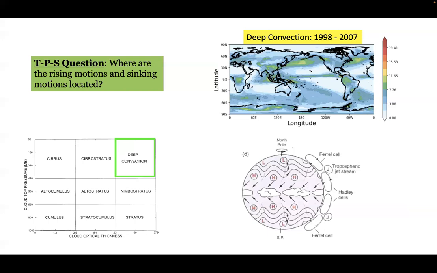It rises here, then sinks on both ends, north and south. If you imagine you average this feature along the longitude and condense it to only a latitude and height feature, it will show the cells like what's been drawn in the cartoon here. That's what we mean by general circulation, a general feature, not specific to any location. You can visualize that even on these global maps of clouds.